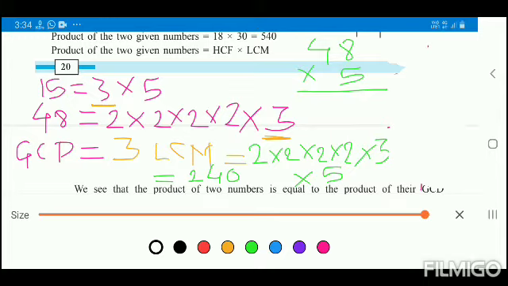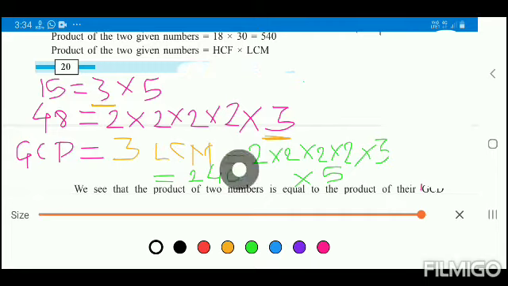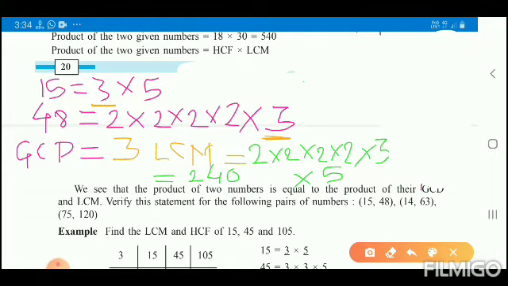Now we'll multiply and we'll see the product of GCD and LCM. Is it equal to the product of the given numbers? Now look here, we will see the product of the given numbers first. These numbers are 15 and 48. So I will multiply 48 by 15.